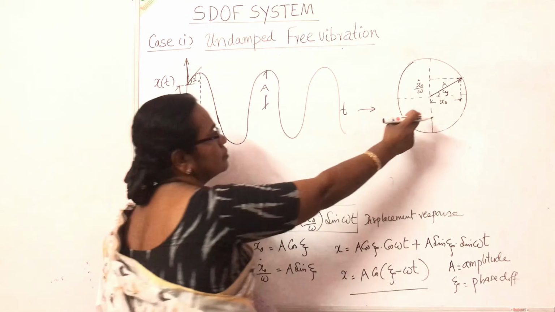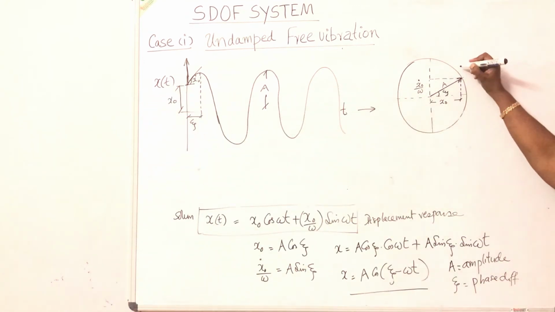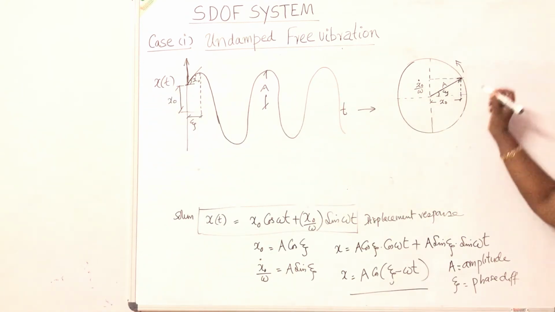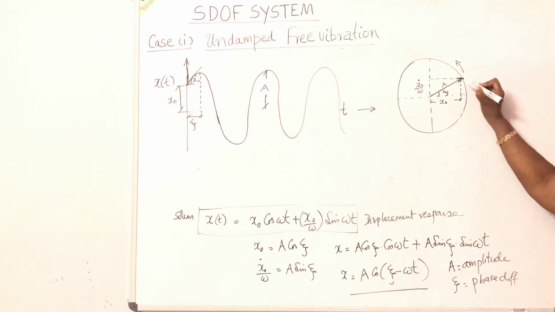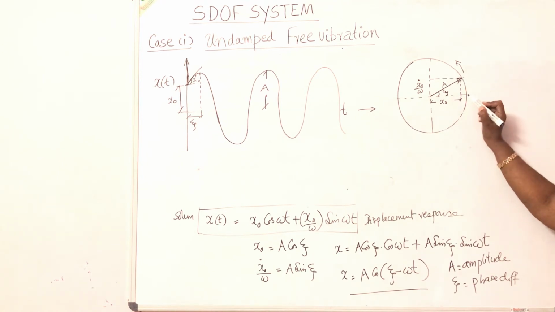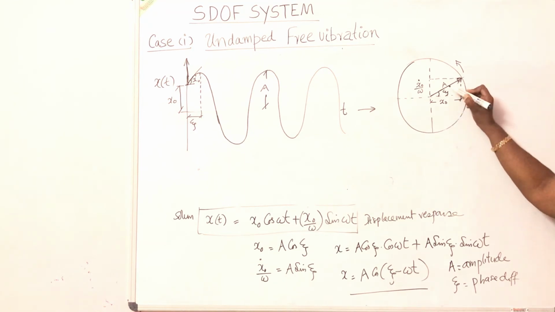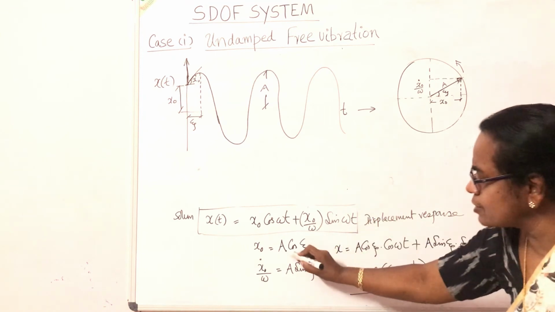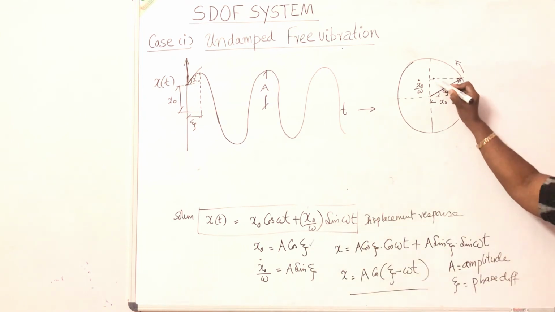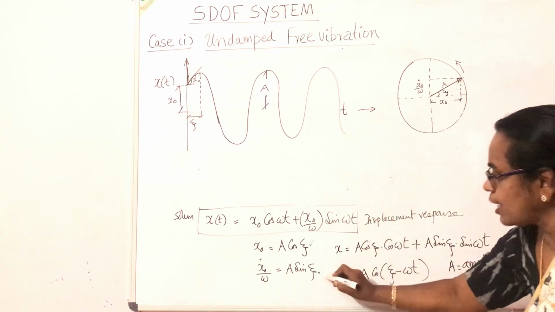So in the circular motion representation, you can see that this is x0. So this is the amplitude vector x. This is x0. So x0 is nothing but A cos psi. We have written here x0 is equal to A cos psi, and x0 dot by omega is equal to A sin psi.